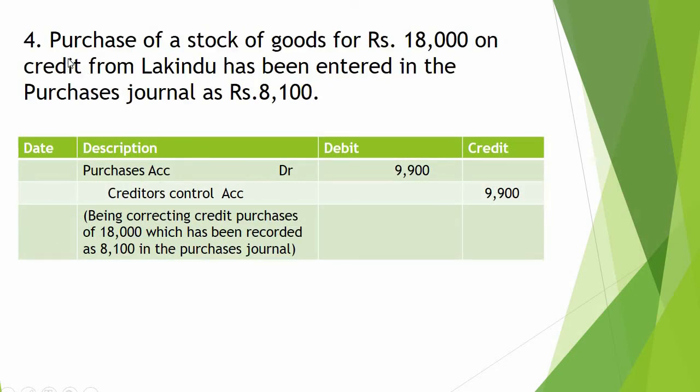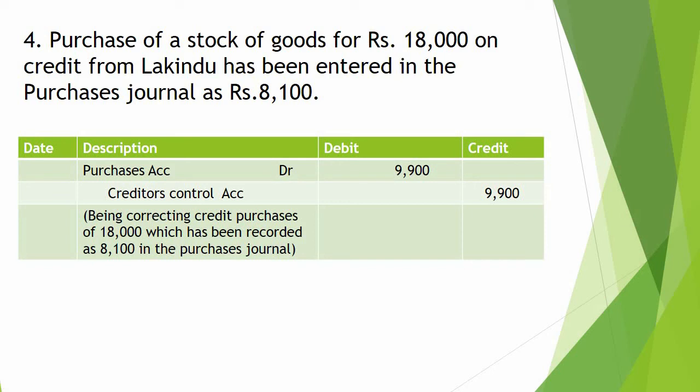Number 4. Purchase of a stock of goods for 18,000 rupees on credit from Lakhindu has been entered in the purchases journal as 8,100 rupees. When you record a wrong amount in a prime entry book, it will affect both accounts.